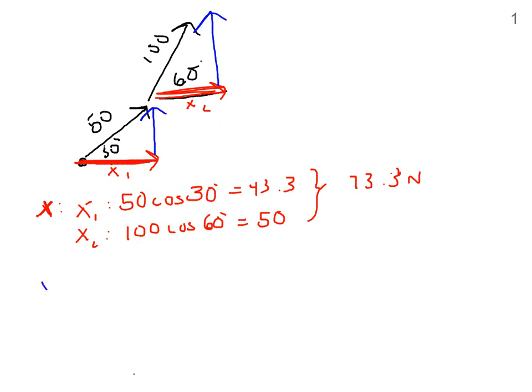I can do the same thing in the y direction. I have y1, which is the opposite side, which would be sine. So that's going to be 50 sine 30.